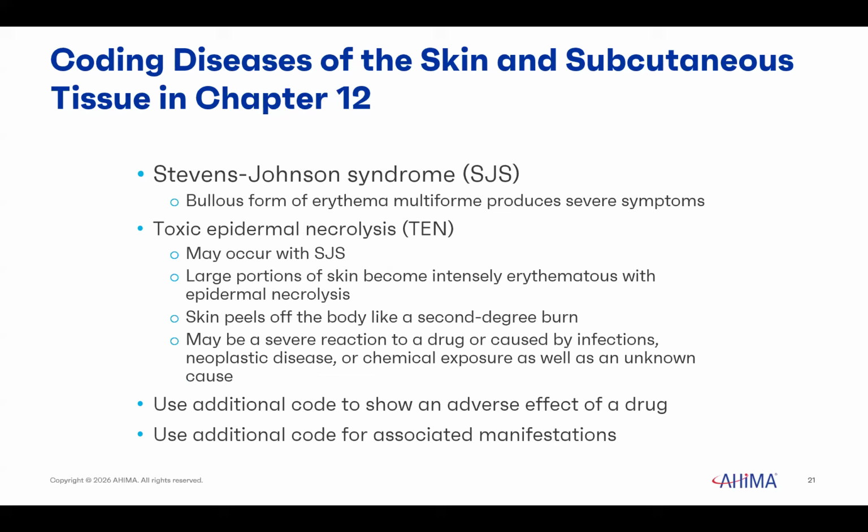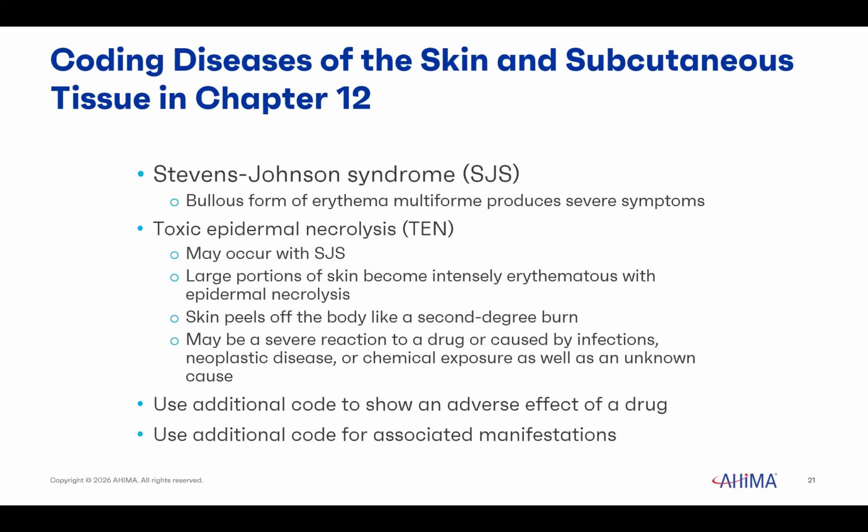And we also have some other things, and how we could code some of these is pretty straightforward, in my opinion. Stevens-Johnson syndrome: start with syndrome, Stevens-Johnson, it's right there. Or since it's an eponym, you could go right to Stevens-Johnson and get the code that way.